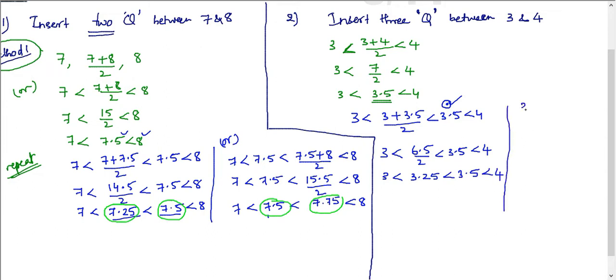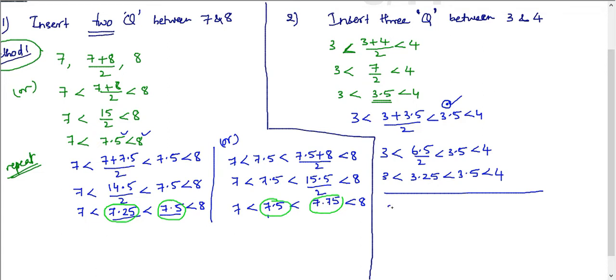The other way of solving is 3 less than 3.5 less than, okay, I'll use the space down there. There's not much space here. Okay, so you got two rational numbers here.